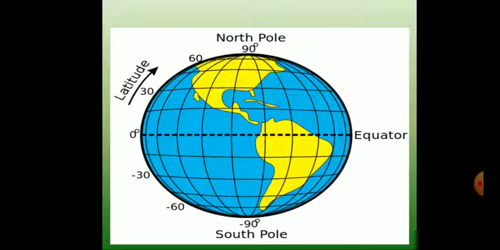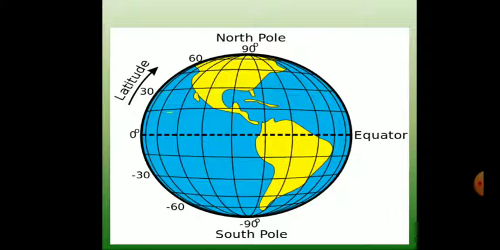So when we start from 0 degree at our equator and reach the North Pole, we complete 90 degrees.